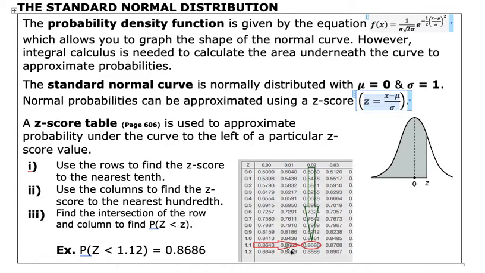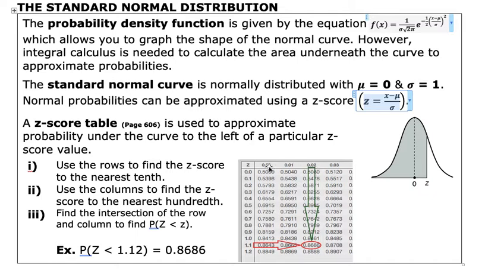The way that we'll use the table on page 606 is the following. There are rows and columns. This will give you precision to the nearest tenth because that's 1 unit after the decimal. And then for 1.12, we have 1.1. This would be 1.10, 1.11, 1.12.